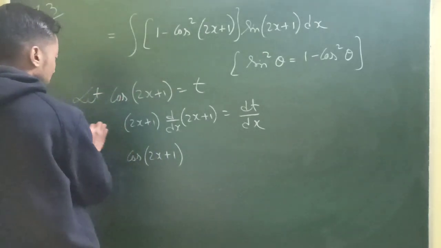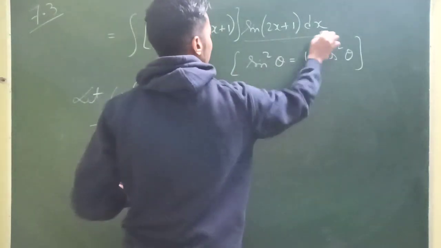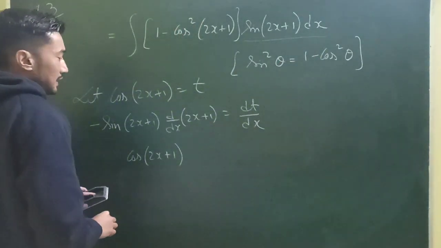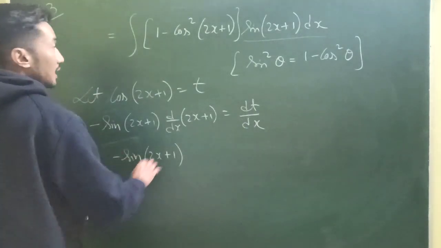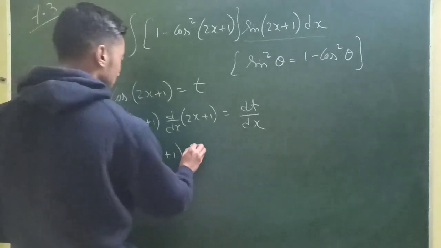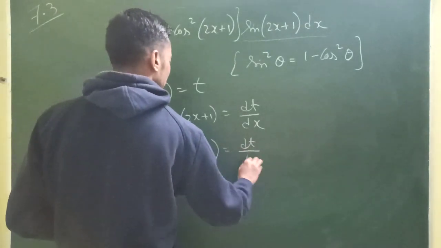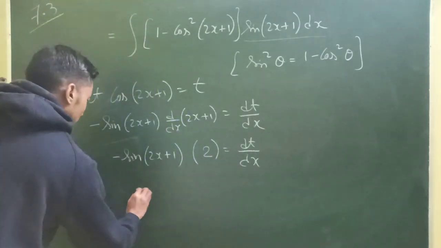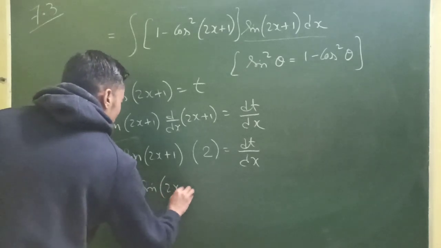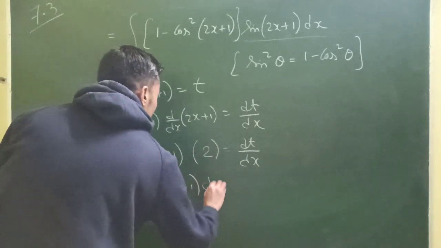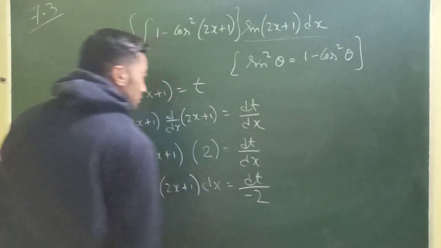So this is going to be minus sine. Nothing much is going to change, but I need to substitute this. So this term can be substituted. Here we have 2 dt with respect to x. A little bit of arrangement: I'll take the minus on the other side, so sine of 2x plus 1 with respect to x is dt upon minus 2.